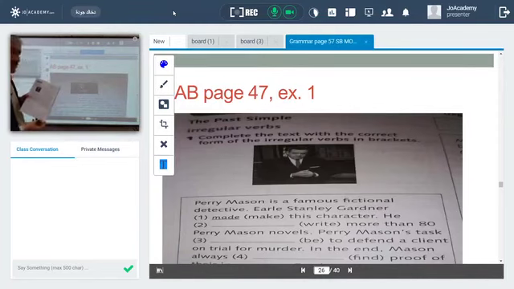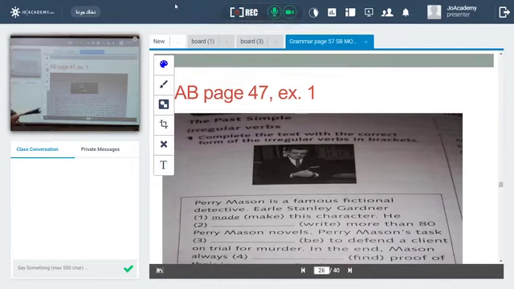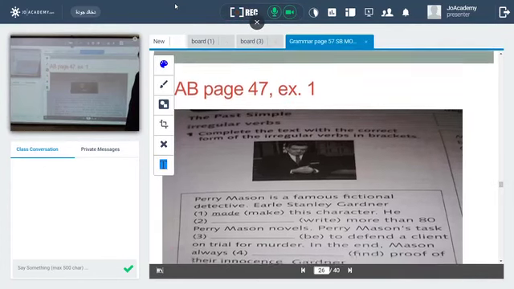Open your books to page 47. The past simple irregular verbs, complete the text with the correct form of the irregular verbs in brackets. So we have the text, we have some irregular verbs, and we need to fill these verbs, put them in the past simple. So please look at the exercise 1. I will try to make it clearer for you.